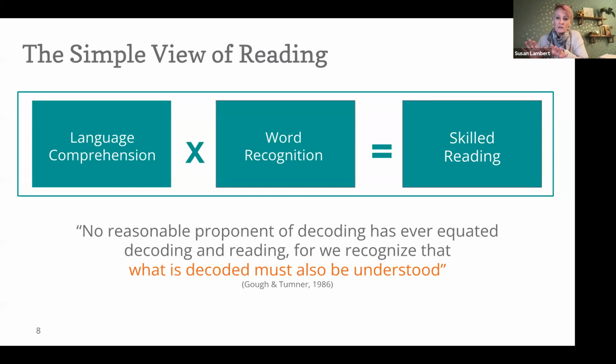So we're going to hold this in our mind too, that what we're talking about here when we get to phonics does sit in that word recognition bucket, but it's also connected to language comprehension in some ways.